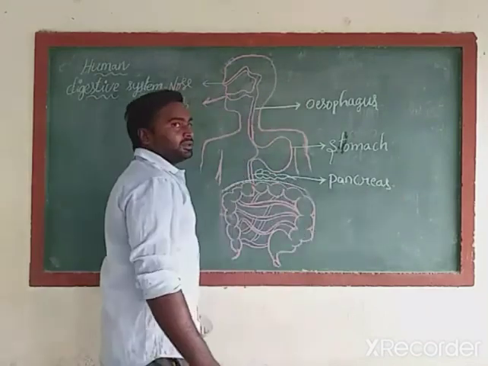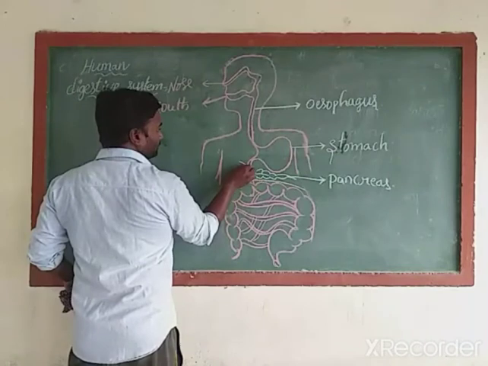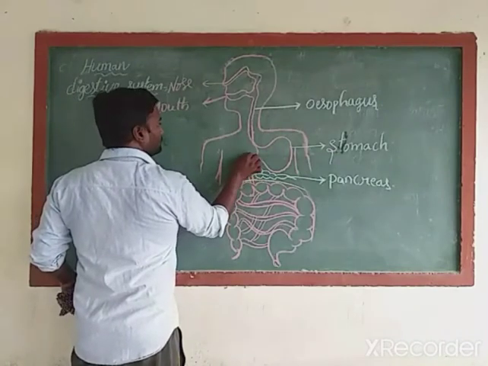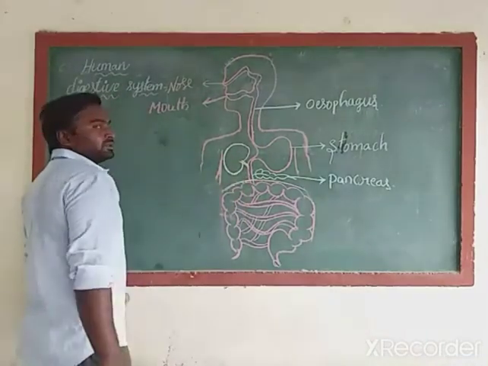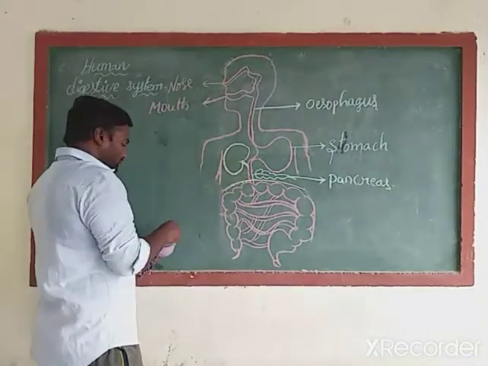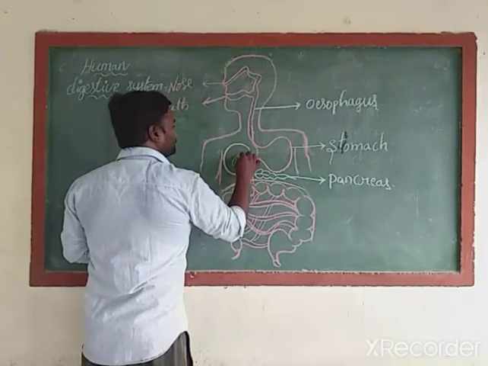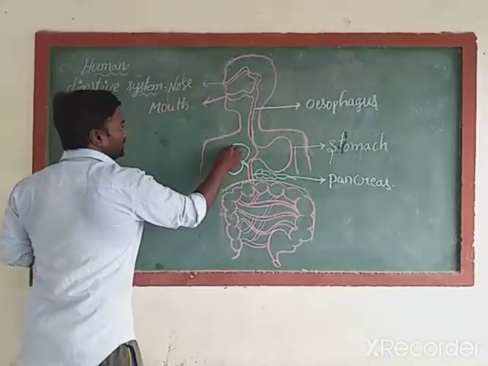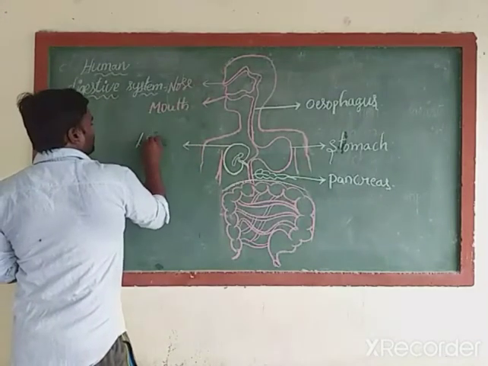What is it called? Pancreas. Next, look at the board. Here, one umbrella-like structure we can see. That is called liver.